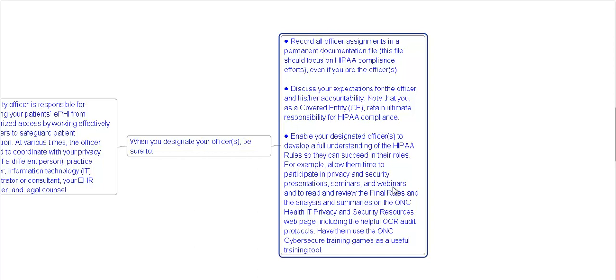For example, allow them time to participate in privacy and security presentations, seminars and webinars, and to read and review the final rules and the analysis and summaries on the Office of the ONC Health IT Privacy and Security Resources web page, including the helpful OCR audit protocol. Have them use the ONC Cybersecurity training game as a useful training tool.